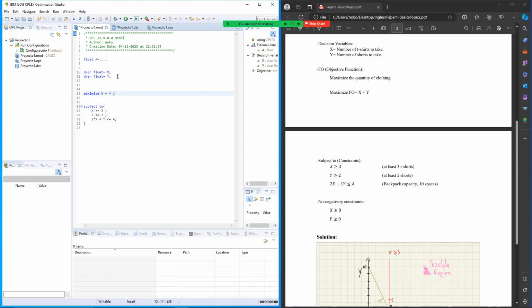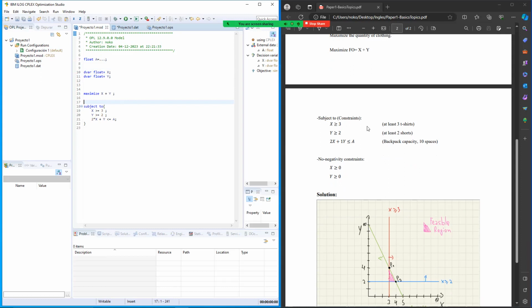Oh, okay. I forgot that, but every time you write a line of code, you need to end this line with this semicolon, because if you don't, you will have some trouble. Then the subject to, or the constraints, because this objective function has some constraints.